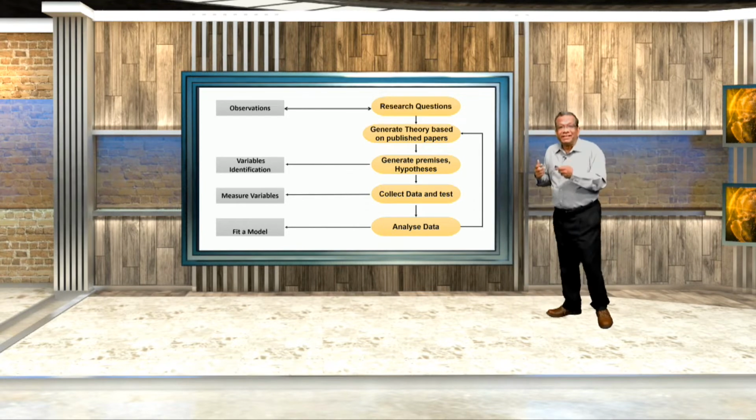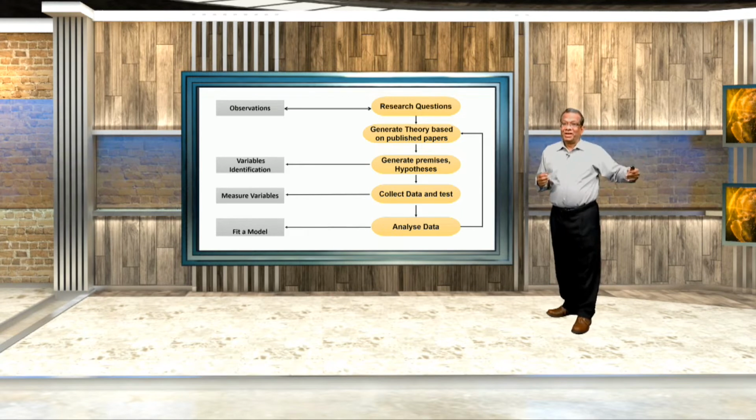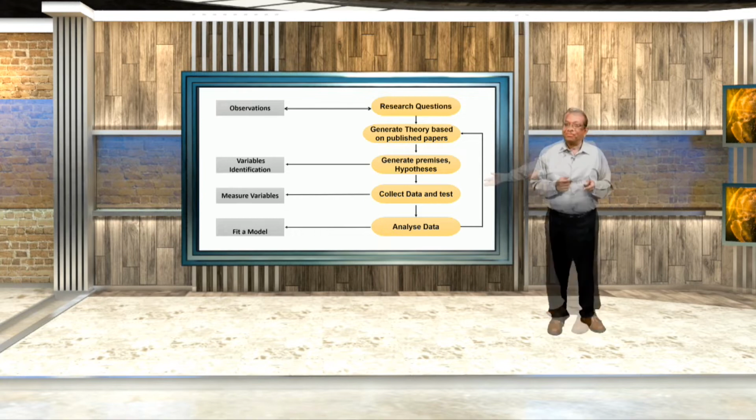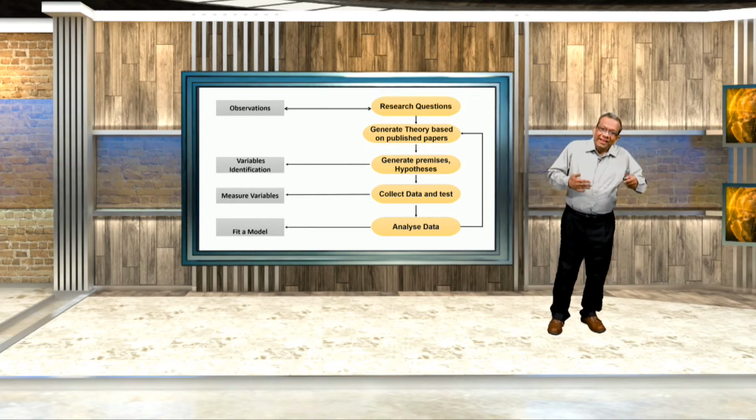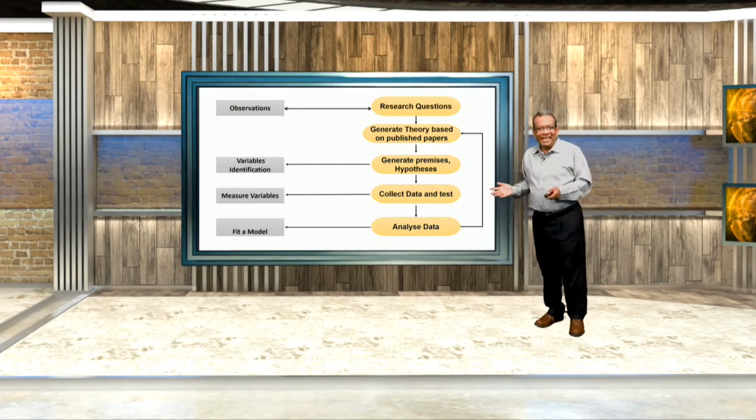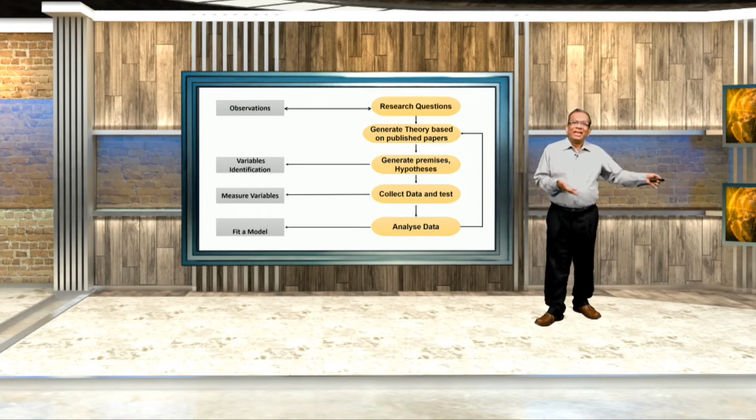While collecting the data, you will be measuring these variables and test them for your finding whether these hypotheses can be rejected or accepted. And based on these tests, you will analyze the data and create a model.